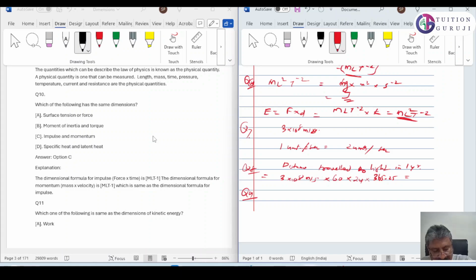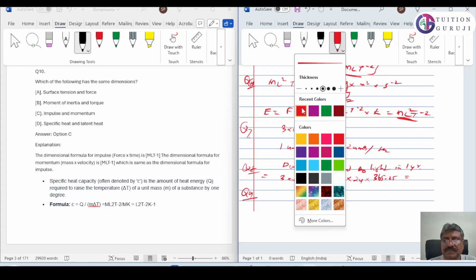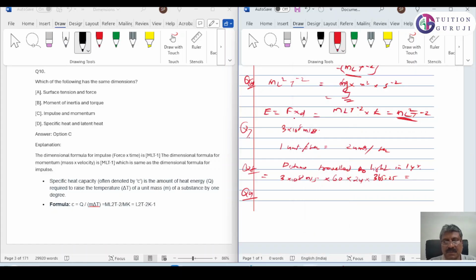Let's first consider surface tension. Surface tension is force per length. It is equal to force, which is mass into acceleration, divided by length.